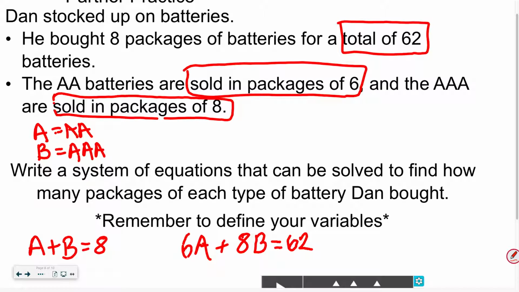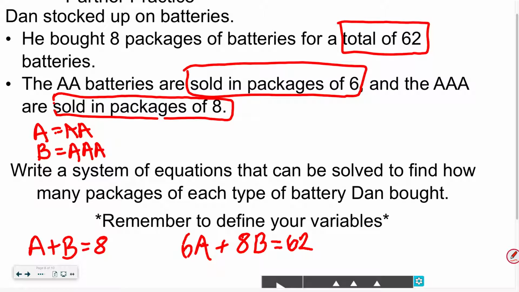And so what does that mean now? Rogelio says his equation is 6A plus 8B equals 62. What does that mean for this scenario? Say this in a sentence, in words. That we have the batteries equals 62. What does 62 mean? The total batteries.